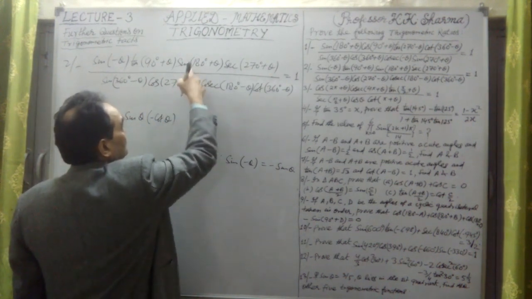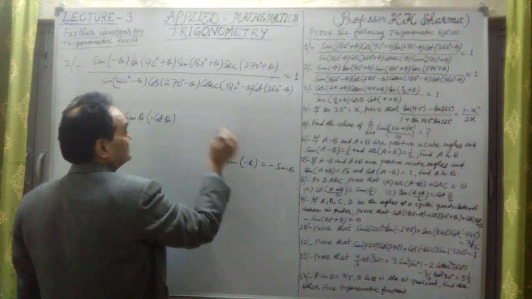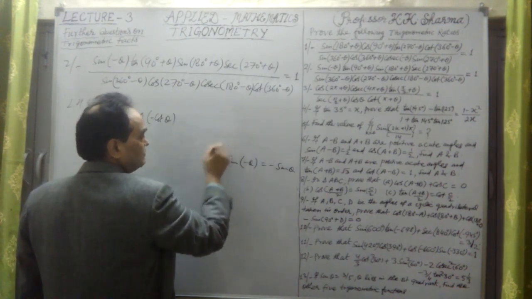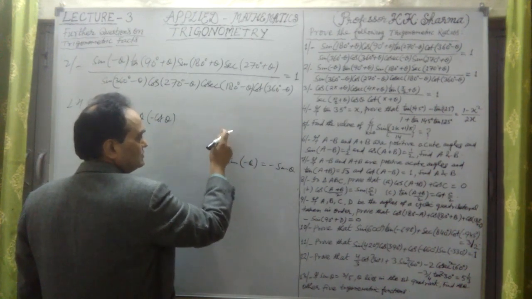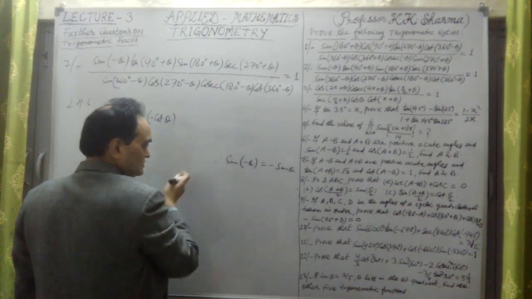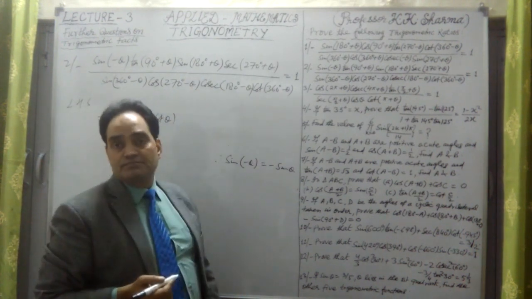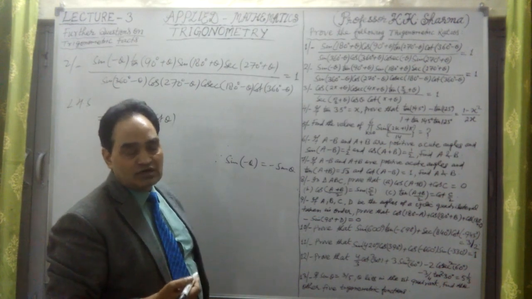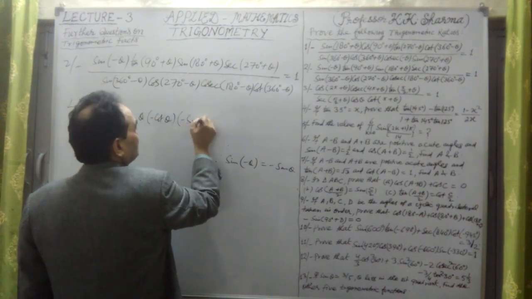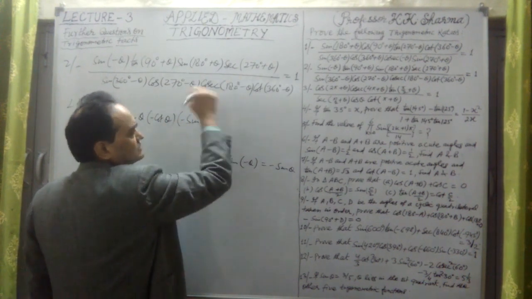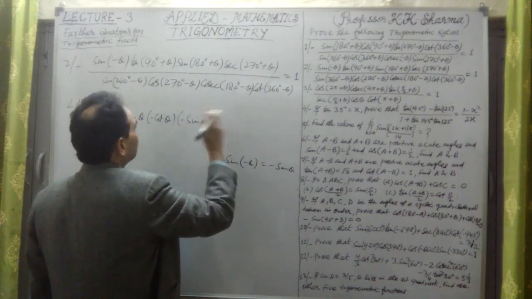Now sine 180 plus theta. 180 plus theta is in the third quadrant. Angle 180 degree complete, plus theta means an acute angle. If we add theta to 180, it will fall in the third quadrant. In the third quadrant, sine is negative, while only tan and cot are positive. This is minus sine theta, because for 180 degree plus theta, sine stays sine, cos stays cos, tan stays tan.